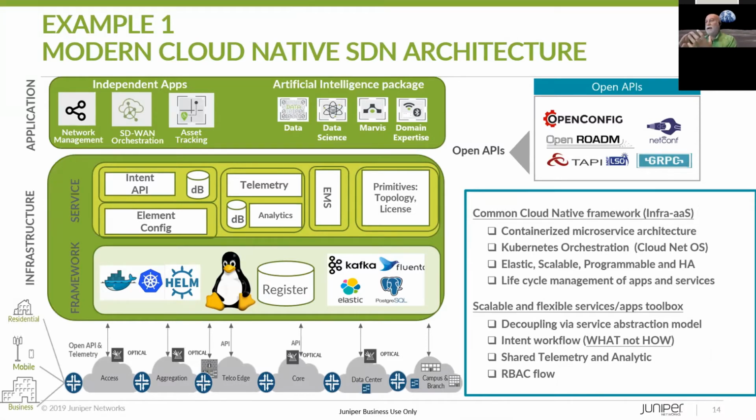You have to containerize your software and create a microservices architecture that enables you to atomize your solution and keep it in control and scale. Kubernetes orchestration is the future of Cloud Net OS. It's a definition that may be a challenge, but it's where you need to think about Kubernetes, and you have to create an elastic, scalable, programmable, and high availability infrastructure.